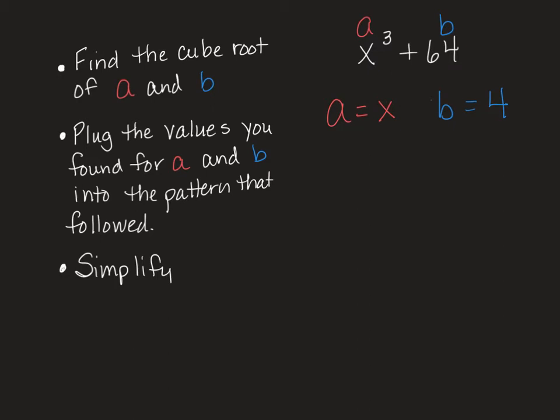We're then going to place the values you found for a and b into the pattern. So the pattern was a plus b, and then a squared minus ab plus b squared.